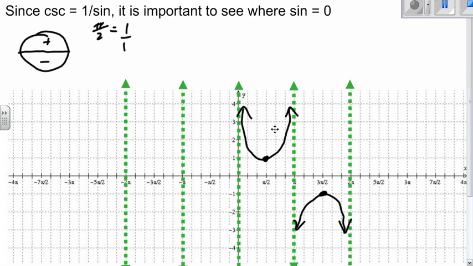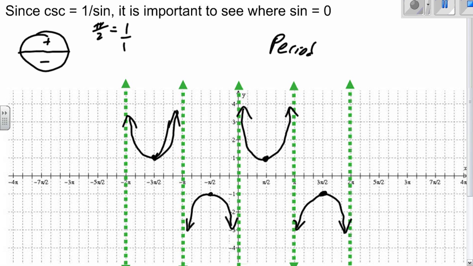So you need to see both parts of this for one full period length. That's the upward and downward portion, the positive and negative. So the length of the period for cosecant is 2 pi.